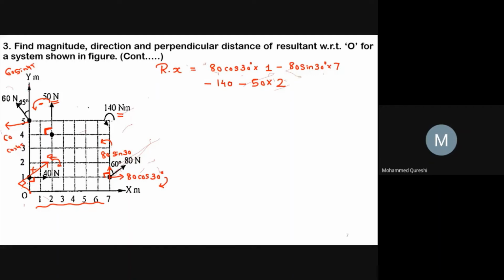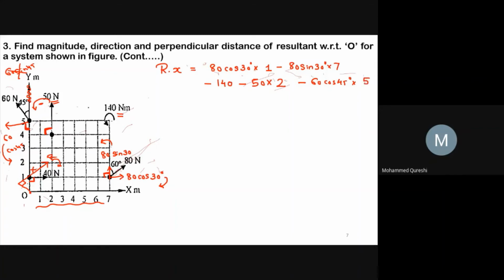This 60 sin 45 is on the same line of action, hence this will be neglected, and we will consider 60 cos 45 in the anti-clockwise direction towards point O. So minus 60 cos 45 into the perpendicular distance from point O, that is 5.